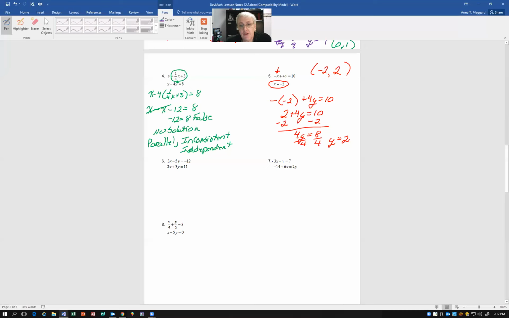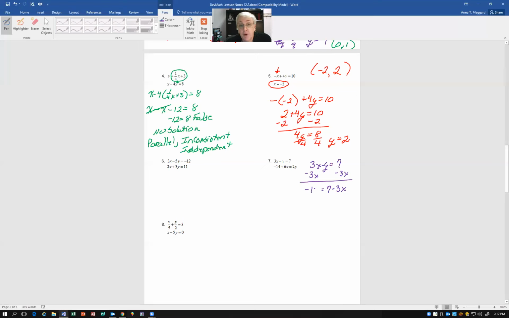Here, I've got this 3x minus y is 7. Is there a way I can rearrange that so it says y equals? Well, I can move the 3x over, right? And on the right-hand side, I would get 7 minus 3x. What's on the left-hand side? What am I asking you to be careful about?